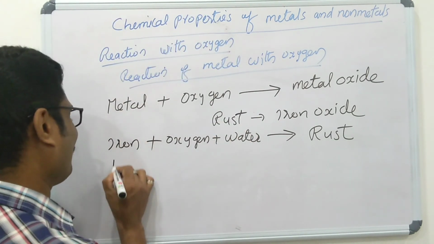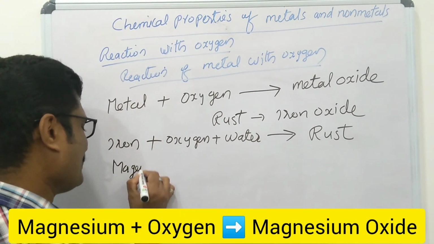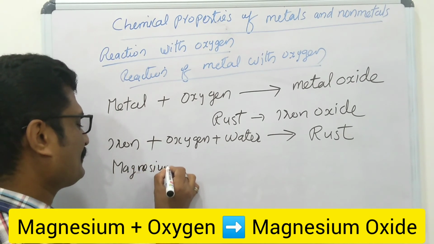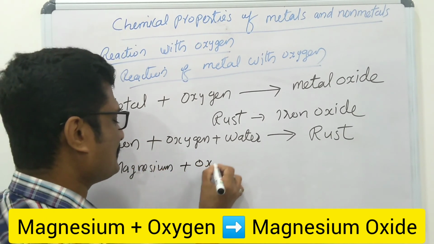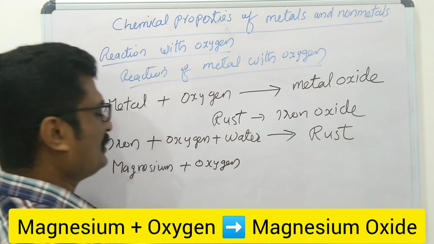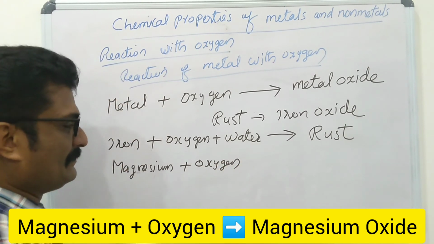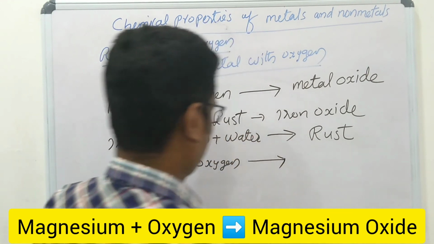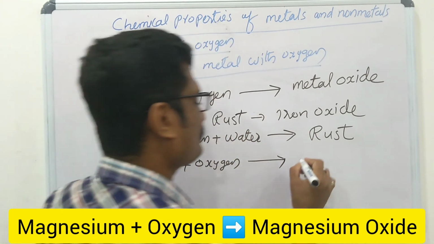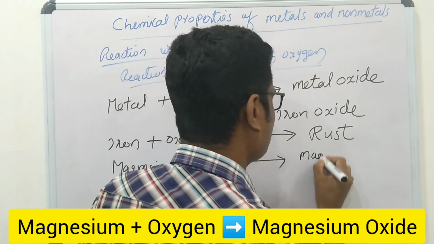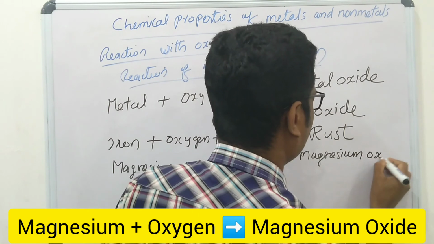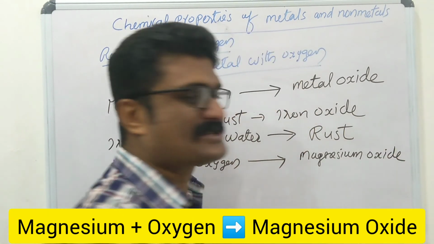Next metal: magnesium reacts with oxygen. When magnesium burns in oxygen with a bright white light, it forms magnesium oxide.